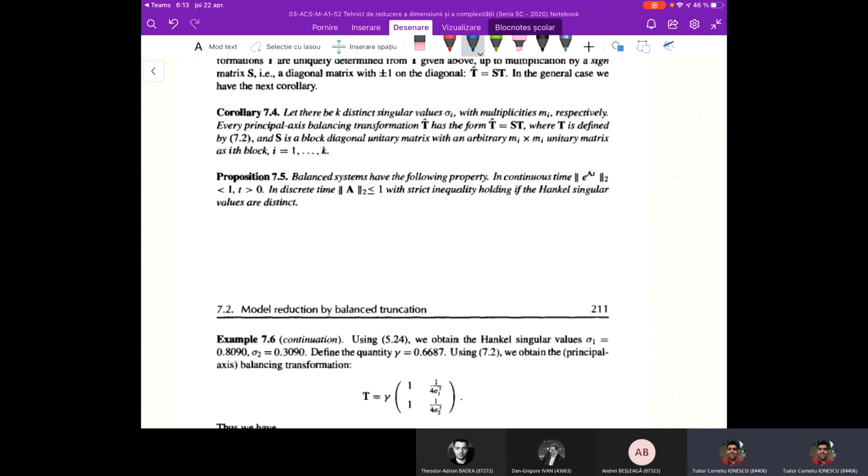This is a very important result because the whole balancing procedure is working due to this particular property, which is not always possible, and you can find examples when this is not true. So balanced systems have the property that in continuous time the energy of the transition matrix e to the power At is less than 1.